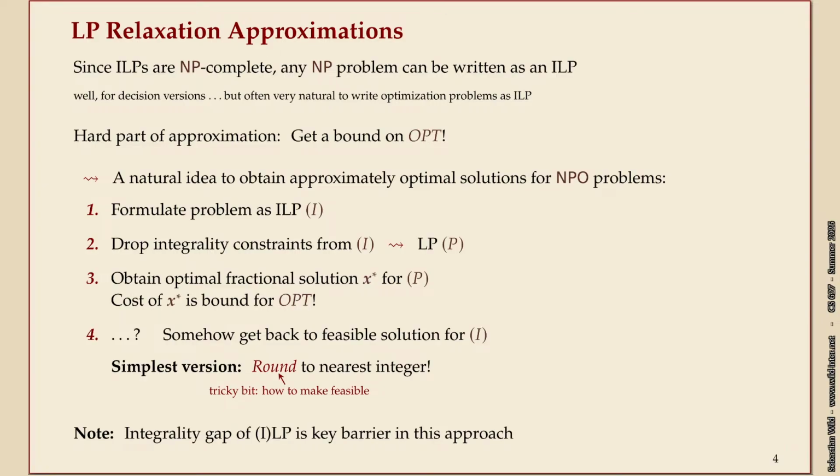But sometimes you can. Even if you can, what will come up again, what we discussed back then, is this notion of an integrality gap, which is the difference, or the ratio, I should say, between the optimal objective value of the LP and the ILP.